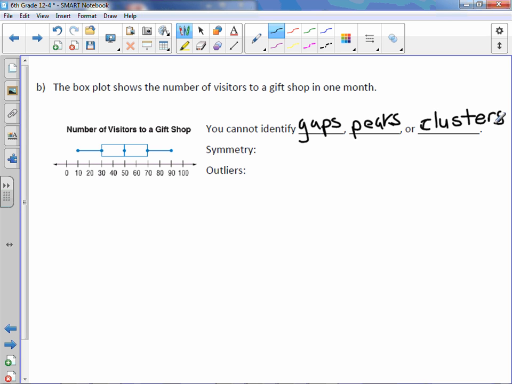Now symmetry, I would definitely say it's symmetric. So I can draw a line right down the center, and it's the same on both sides. So I would say that this does have symmetry. So this is symmetric.